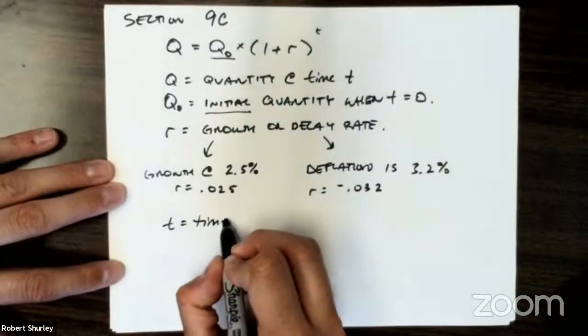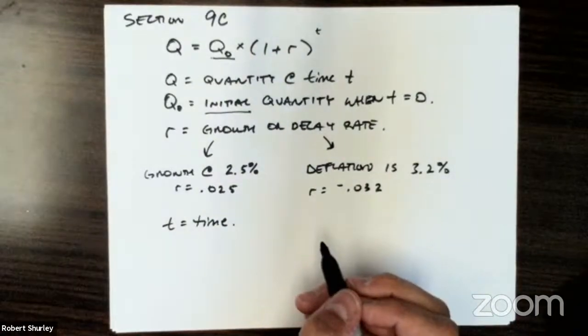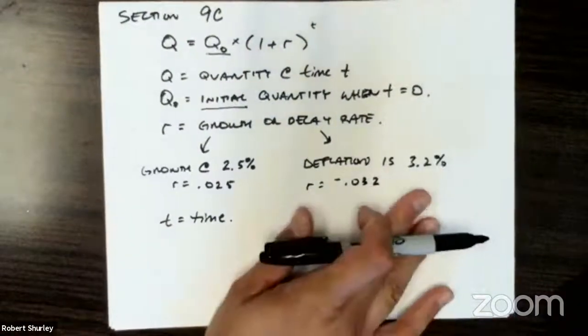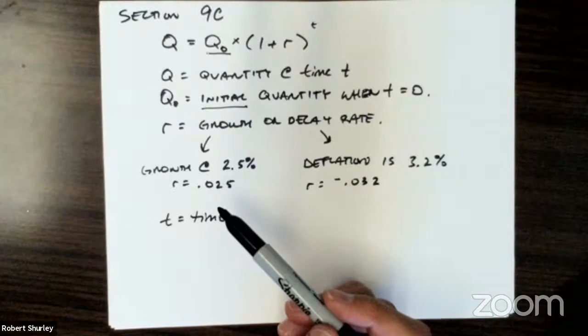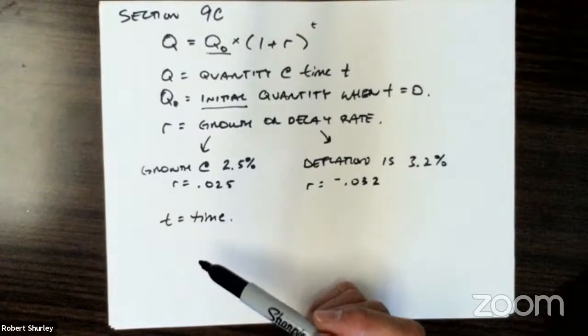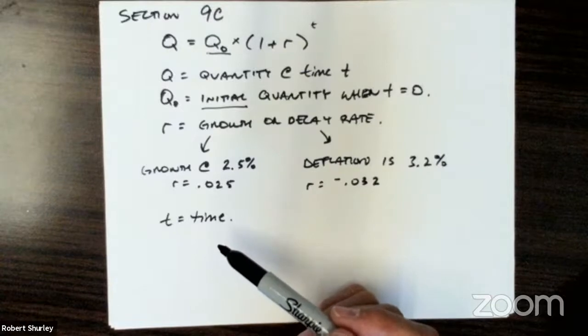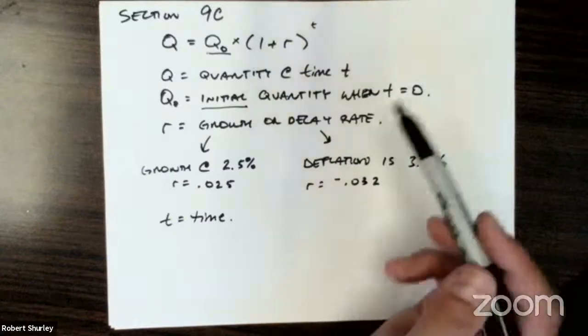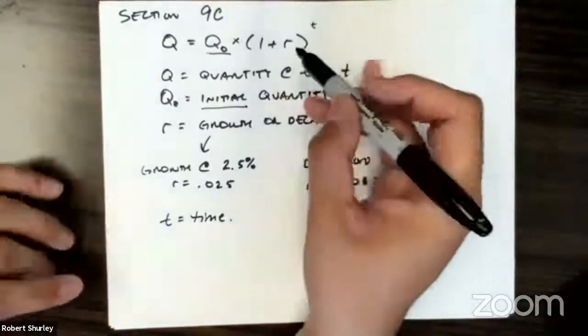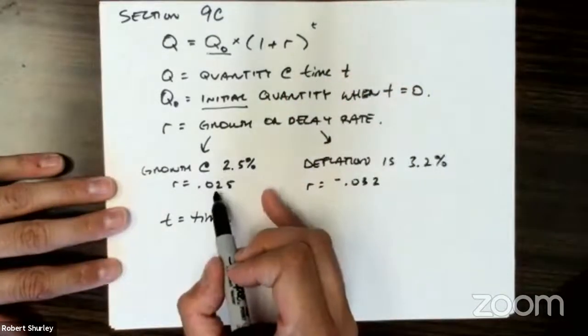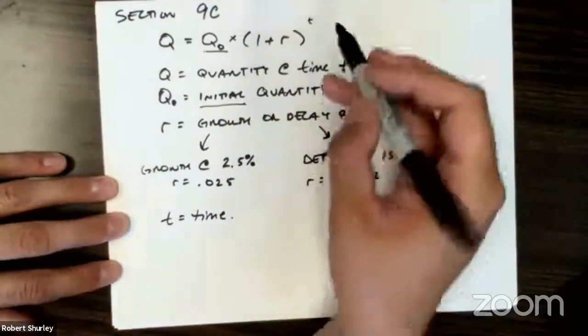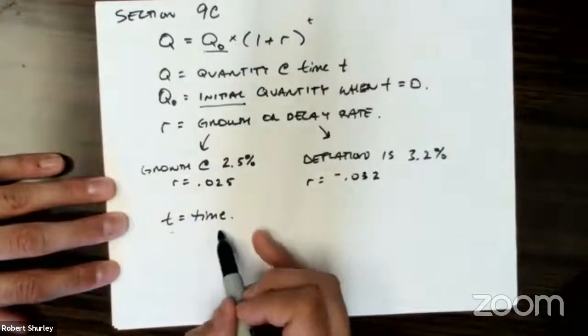Now, your book makes some really good points here. The keynotes underneath on page 540 in the green box, it's got the red dots. The unit of time used for T and R must be the same. So if our growth rate is 2.5% per year, that means T has to be in years.